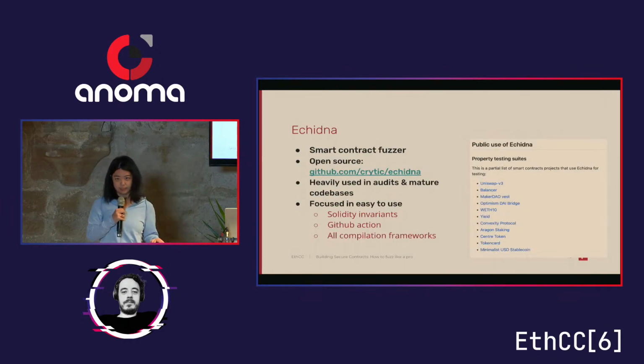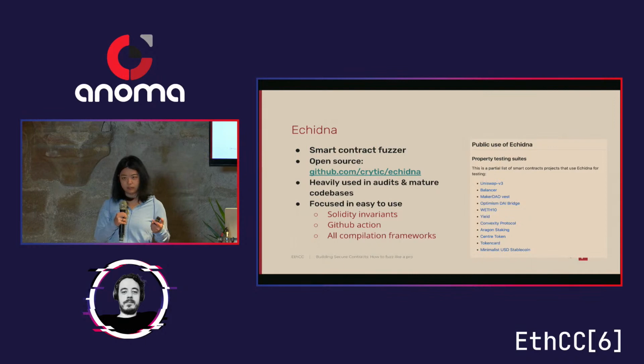So this is where Echidna comes into play. Echidna is our open source smart contract fuzzer. What that means is that we're basically going to feed Echidna invariants, and Echidna is tasked with finding what inputs are possible to essentially break a specified invariant that we're identifying.